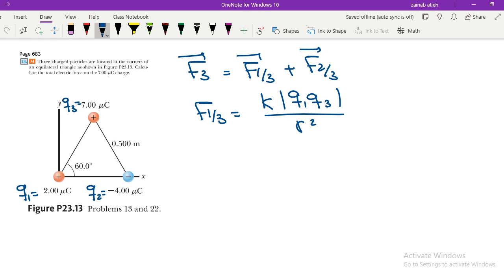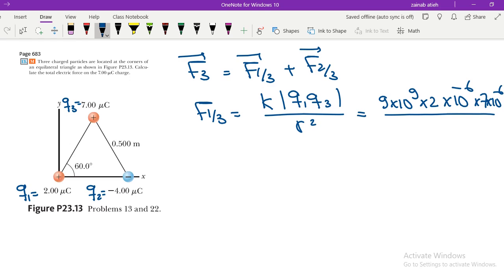So I will get K, it's 9 times 10 to the power 9. Q1 is 2 microcoulomb, so it's 2 times 10 to the power minus 6. Q3 is 7 microcoulomb, so it's 7 times 10 to the power minus 6, over the distance between them.